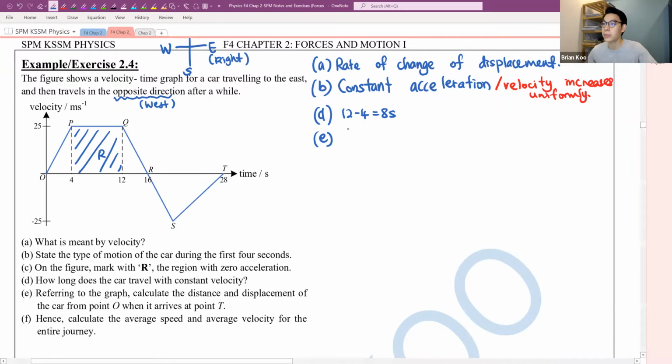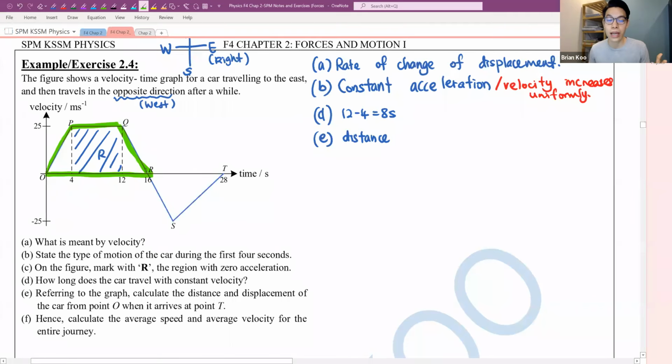Okay, distance and displacement. So here is when it becomes a bit tricky, and I can foresee some of you start to confuse a bit. So just pay attention to this part, especially the displacement later. To find out the distance for the whole journey, we would first find out what is the area for this trapezium.